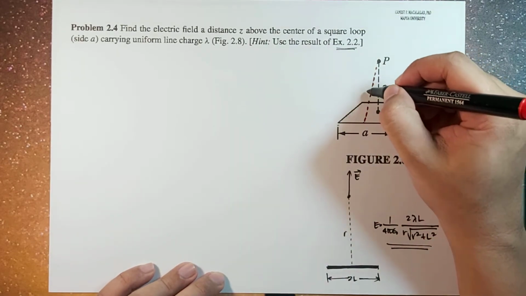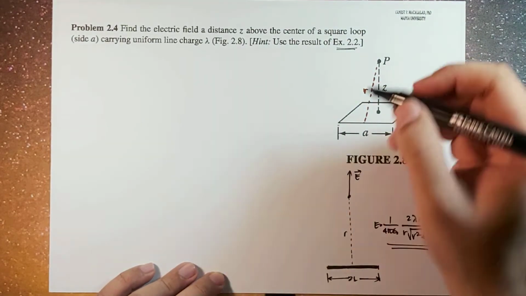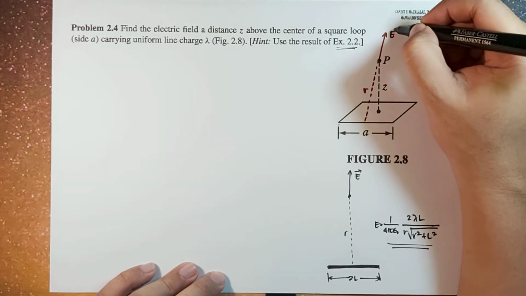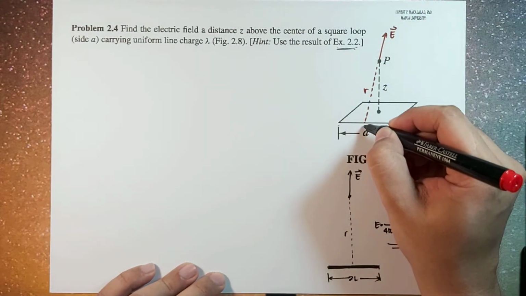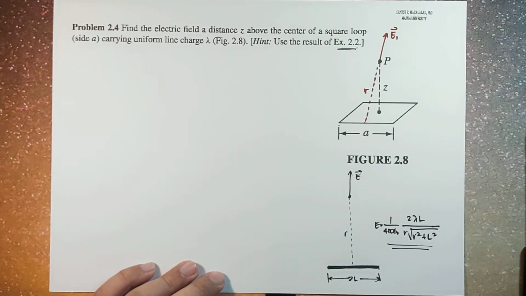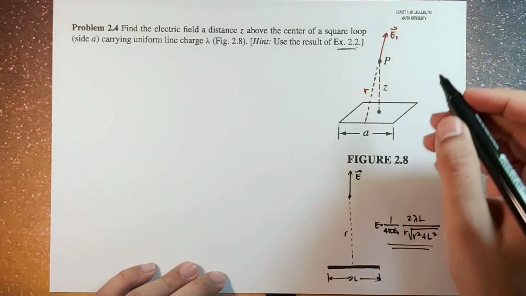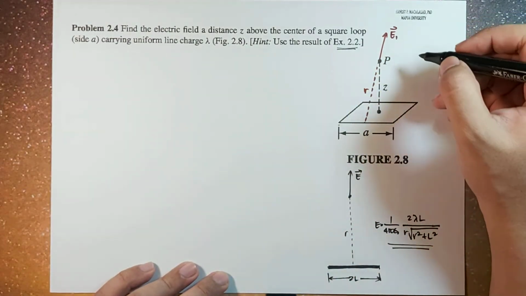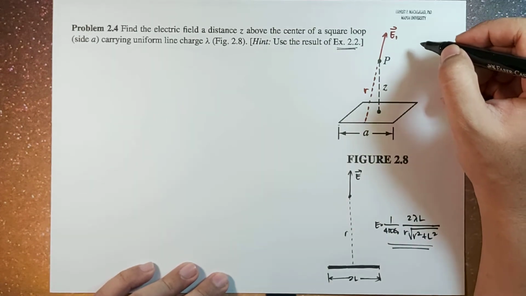So let's call this R. That means the electric field will be pointing somewhere here. If this is segment 1, let's call this E1.